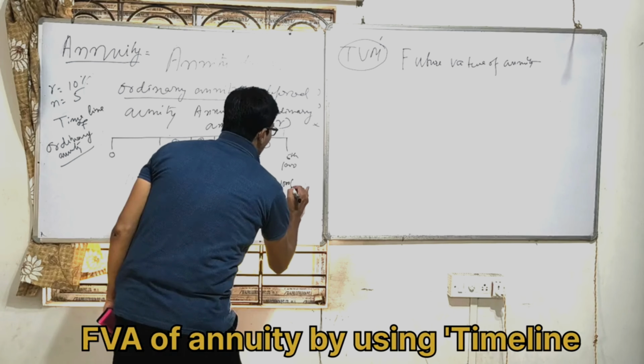You've seen r to the power n. a into 1 plus r to the power n minus 1, and the last time it will be n minus n is equal to 0. So what will be n minus n? It is 0, n minus n is equal to 0.